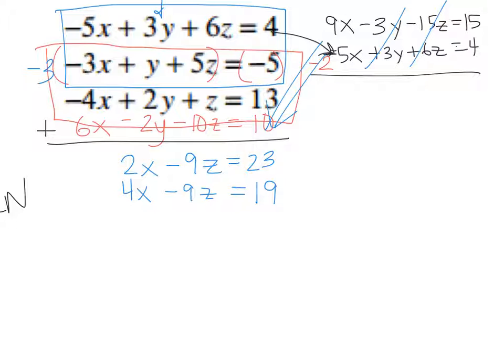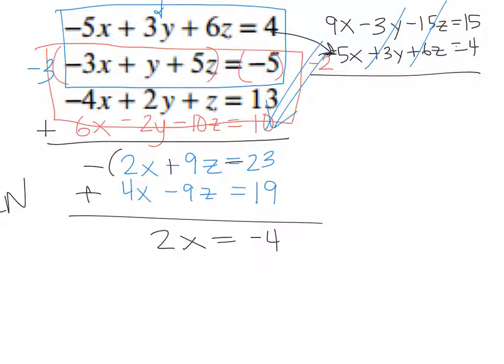Okay, now I have a system of two equations and two variables. So I'm going to multiply the top by a negative, and I'm going to add these two together. So it's going to be 2x equals -4, x equals -2. So now what you can do is plug in x equals -2 into one of these blue equations and get z.